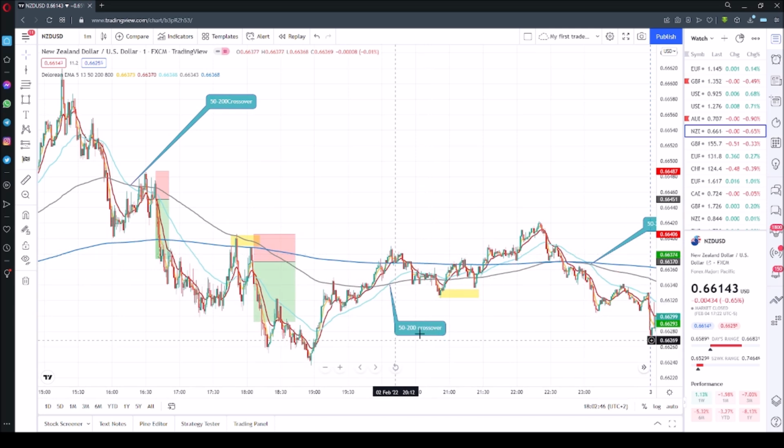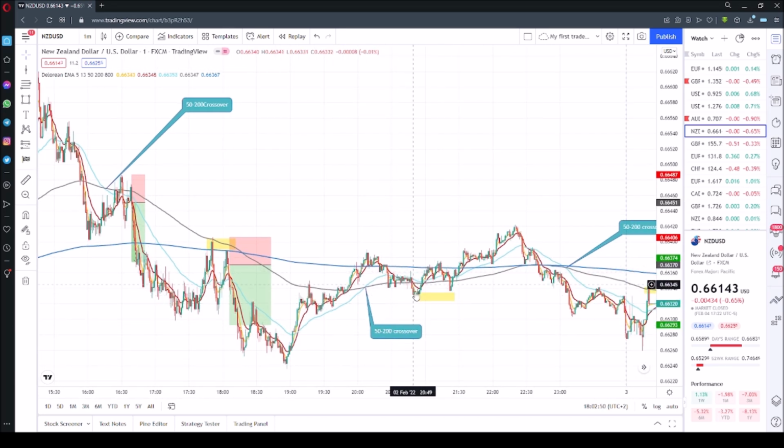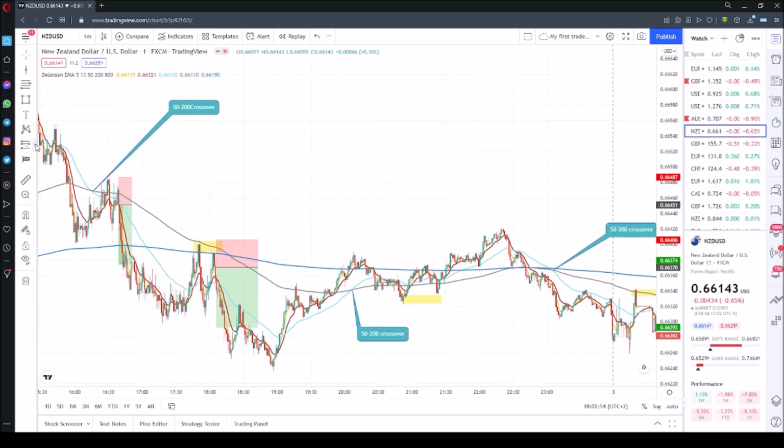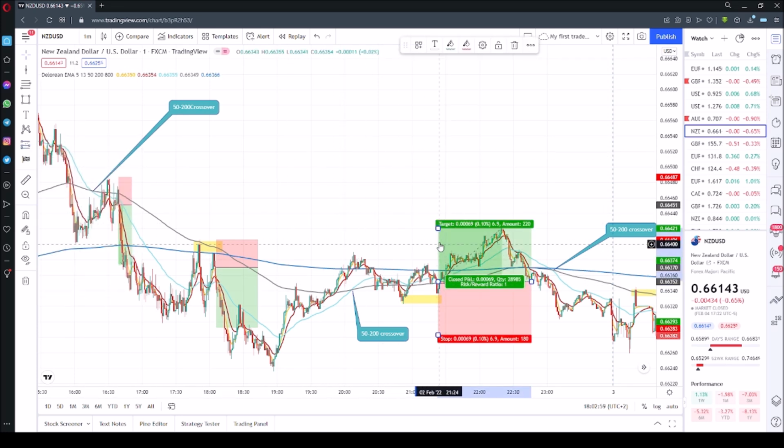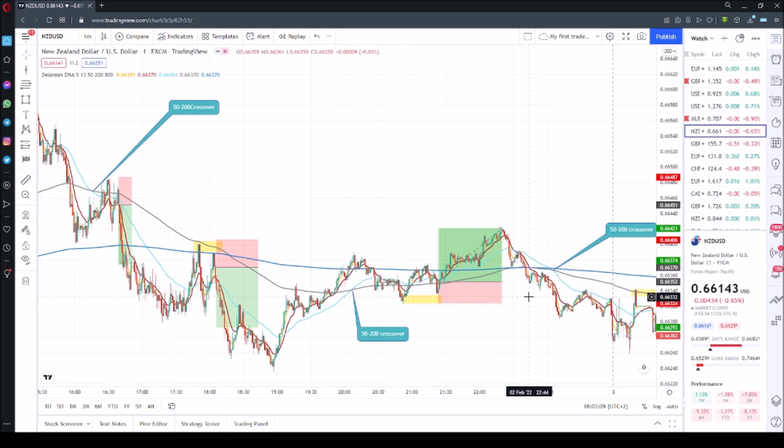In this case, we had another 50-200 EMA crossover, and we had first leg, second leg on the 200 EMA. In this case, it was a long position. So candle closure above the 13 EMA may simplify an entry point, and if you do not like that, you just need a candlestick reversal pattern on the second leg.